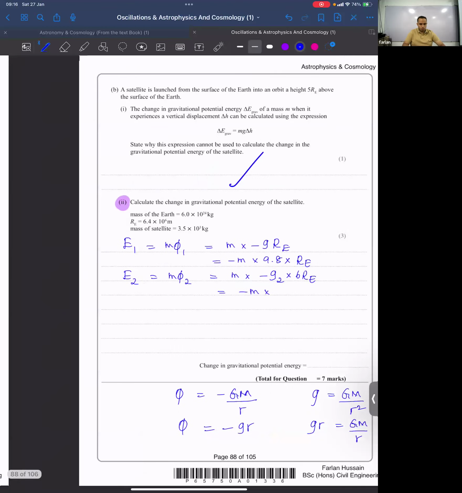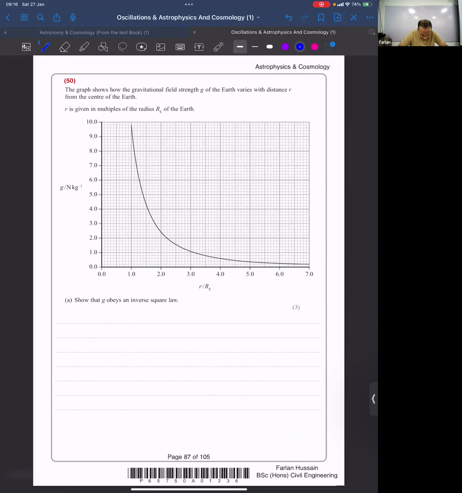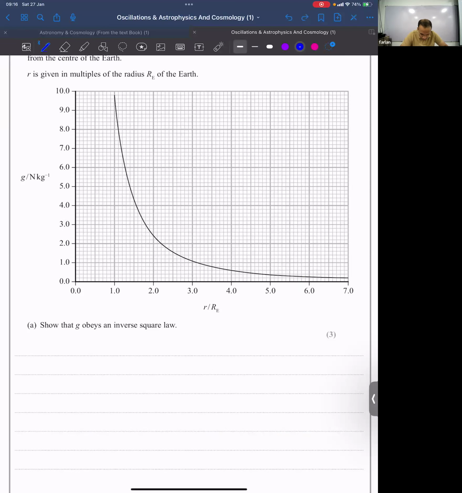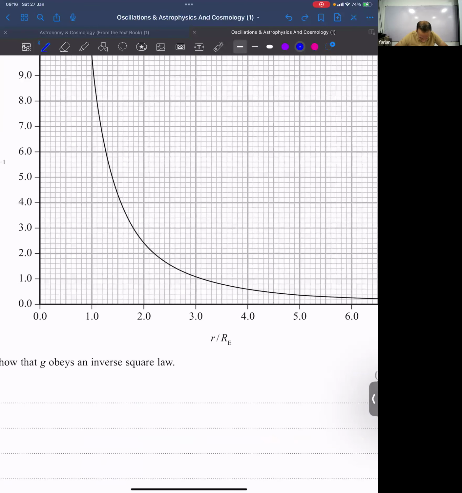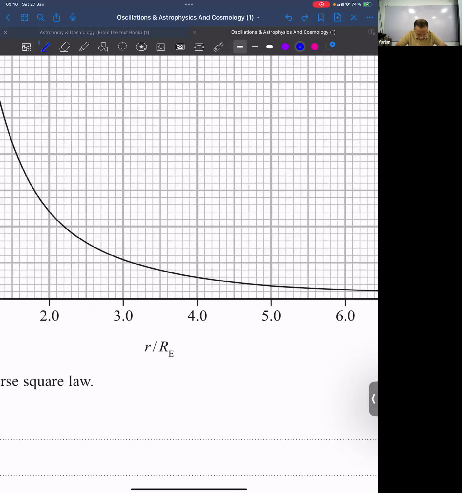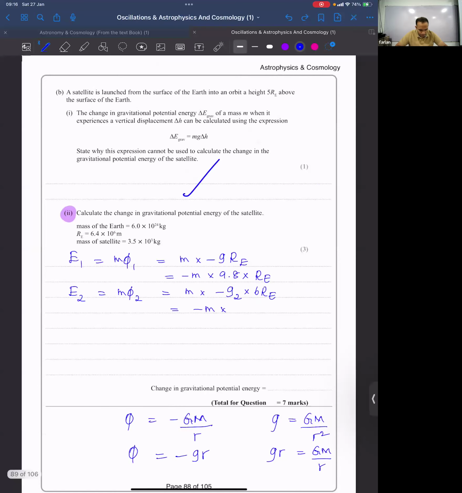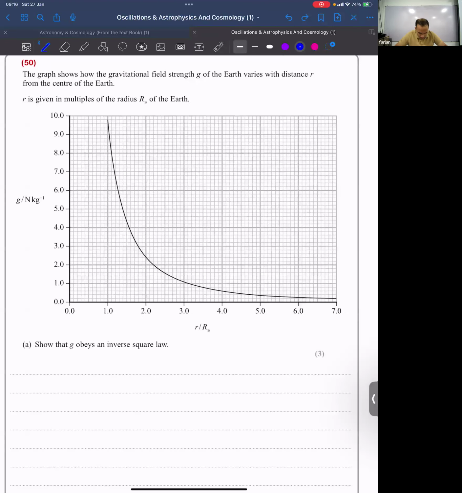Now what is the g2 from the graph? When it is at 6Re, the g is, if I'm not mistaken, something slightly above 0.2. I believe I can take it as 0.3. No, 0.3 is, no, you know, 6Re is here.